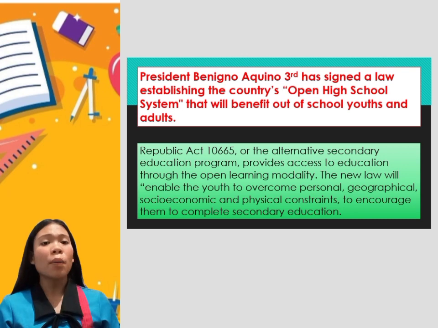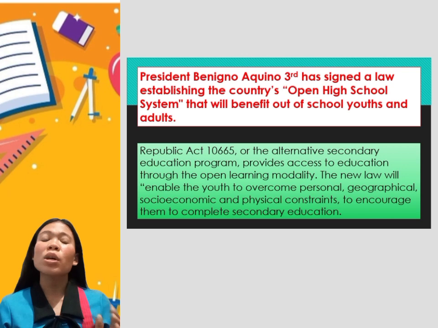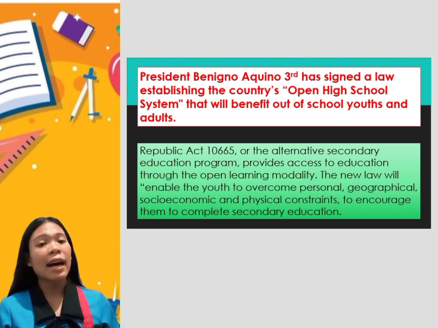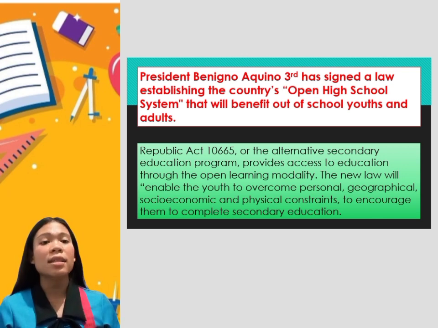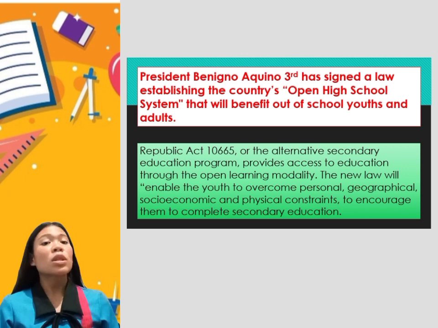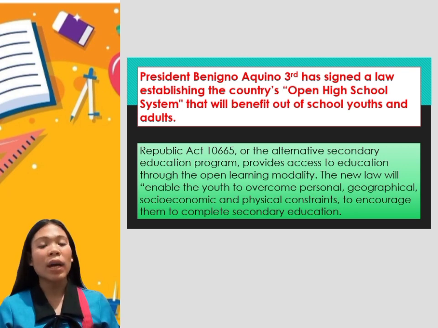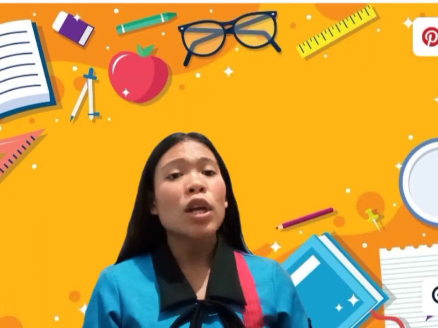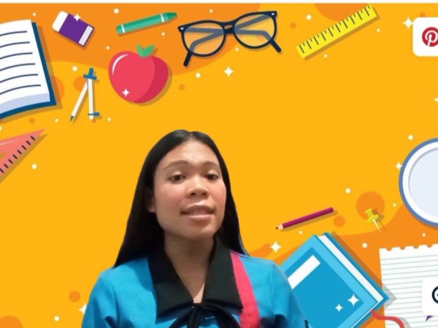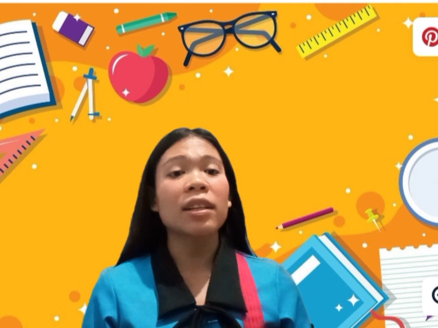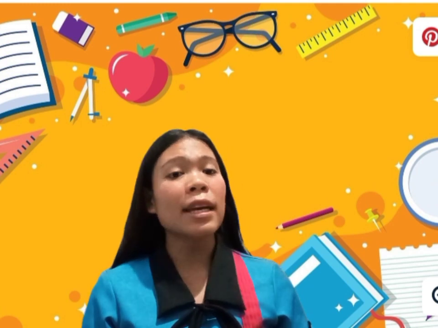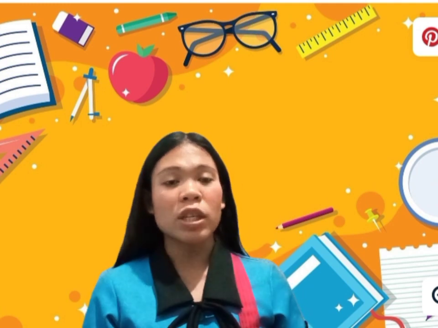The new law will enable the youth to overcome physical, geographical, and socioeconomic constraints to encourage them to complete secondary education. This act also covers public high school institutions to practice open learning through instructional materials, multi-channel learning, and school-family community partnership.